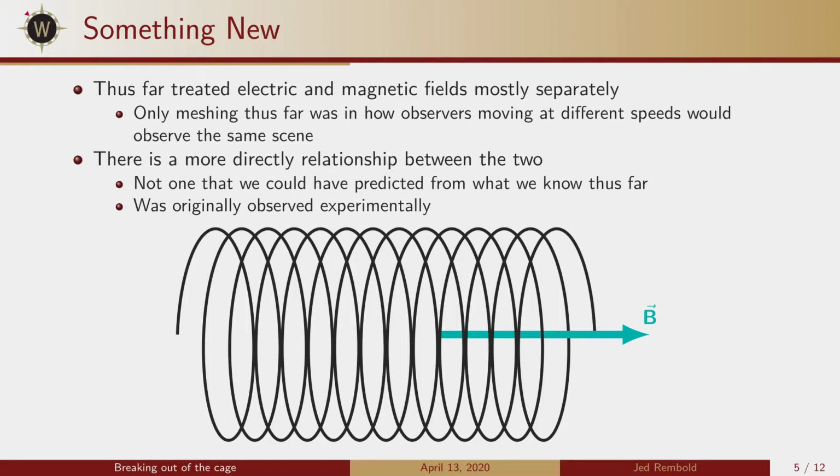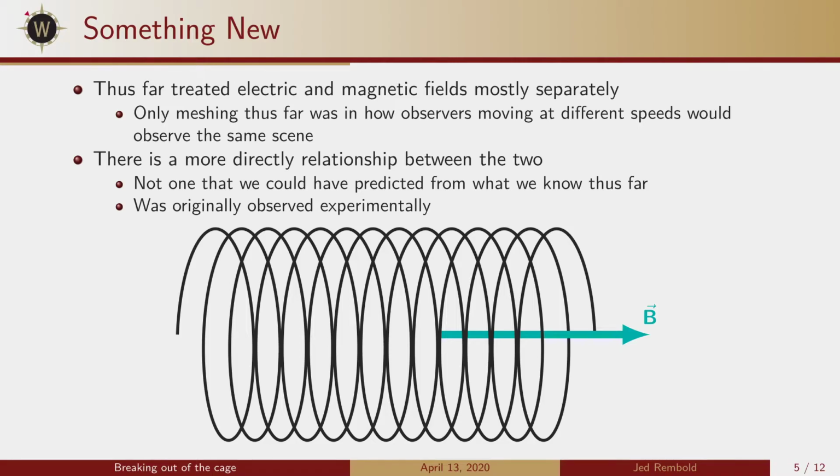The only interaction thus far that we've mentioned about the fact that there might actually be a relationship between magnetic fields and electric fields was when we noticed that magnetic fields depend on a velocity, and velocity can be relative to an observer. So if I have an observer moving at different speeds, he's going to see the charges moving at different velocities.